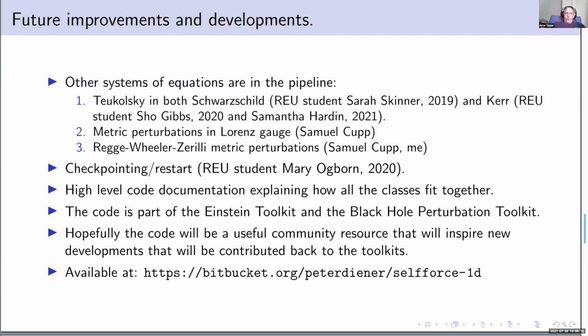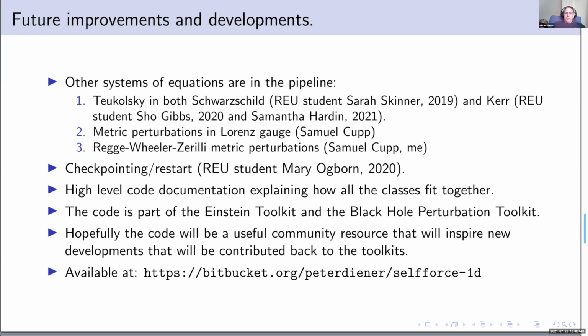And also Kerr: I had an IU student last year, and this work was continued by another IU student this year, essentially extending this to the Kerr case, where things get more complicated because you have to evolve modes that couple together.